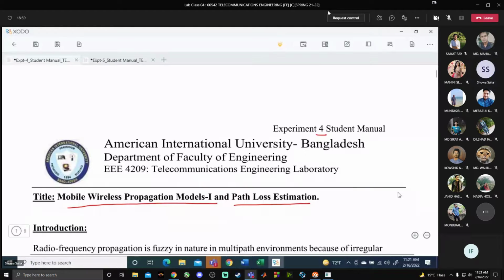If you see the title, we can see two key phrases. One is wireless propagation models, another is path loss estimation. Now, what are these? We are doing this for the mobile communication system, the cellular mobile communication system, the wireless part.